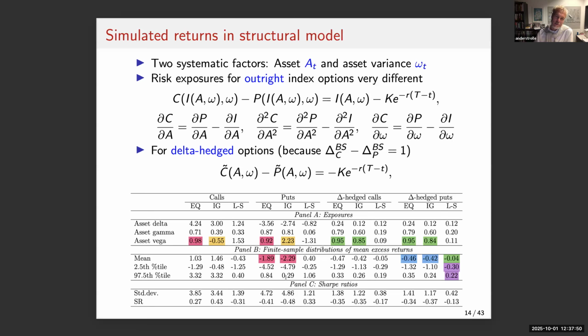And what you can see here, and you can also infer that from their paper, is that the finite sample distributions for the average excess returns on outright options are extremely wide. There are more than 500 basis points when it comes to the annualized average excess return, and that means it's very, very difficult to reject the model. Such a test, where you compare average excess returns in the data with the finite sample distribution implied by the model, just has very, very low power. So maybe that's also part of the explanation.